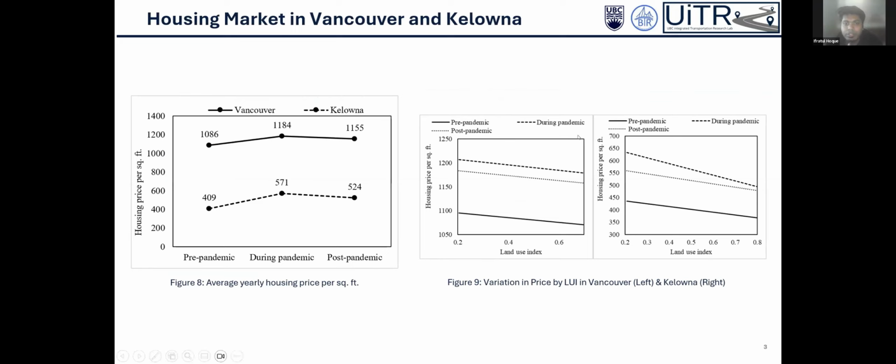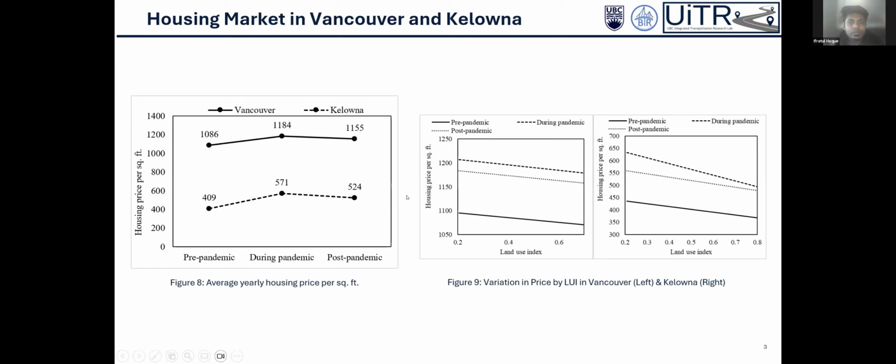And on the right, we see the housing price per square foot by land use index. So it may seem that the trend is similar, but if you look closely, the slopes are a bit steeper on the right for Kelowna compared to Vancouver on the left for all the time periods.